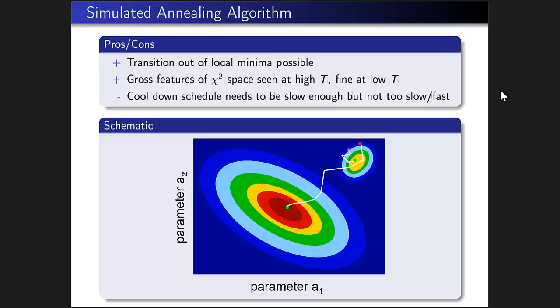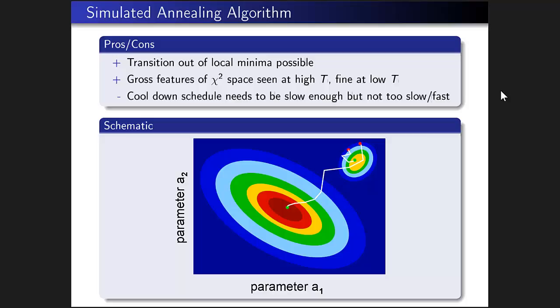Simulated annealing allows you to keep moving downward, because the chi-squared is going to get lower and lower as you move downward. But you could get caught here in this local minima, and so once in a while it lets you percolate up and actually move to a region of higher chi-squared and get out of that minima to allow yourself to find the global minima. So that's one of the advantages of simulated annealing.